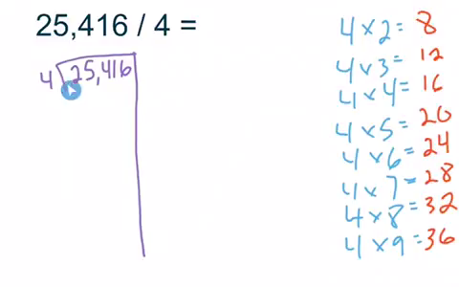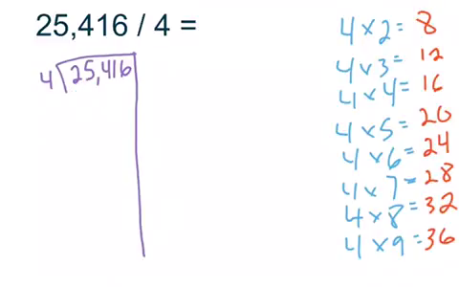What I like to do is I look at the whole number and say, okay, I have 25,416. Then I look at maybe the first 1 or 2 numbers. If I look at the first number, can 4 go evenly into 2 with any math fact? No, it can't. So I'm going to look at the next 2 numbers.